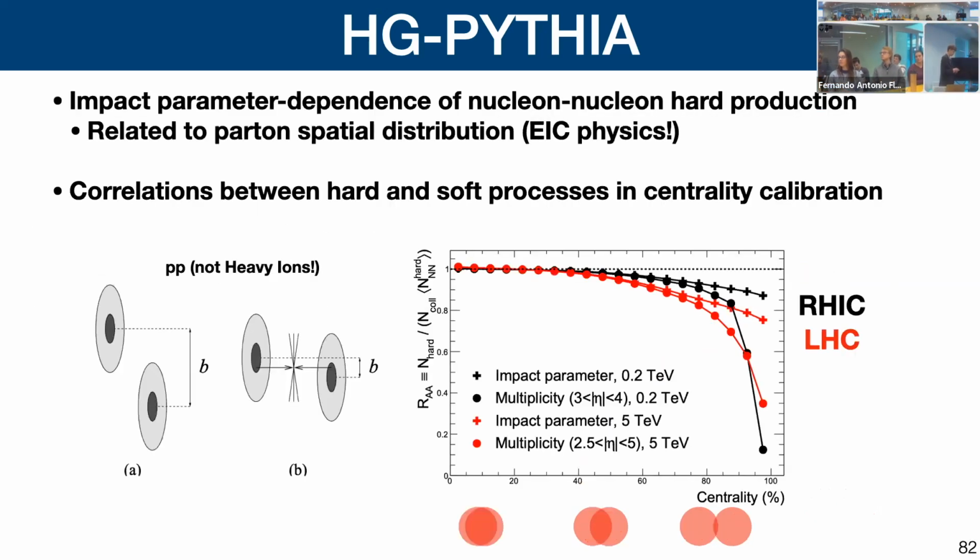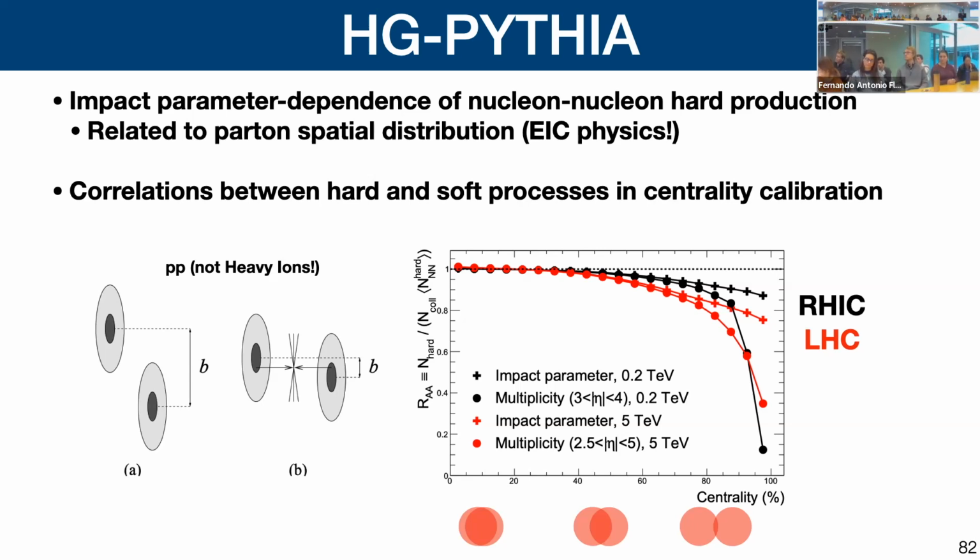What they do inside HG50 is essentially overlay proton-proton collisions on each other based on the Ncoll, which is essentially the number of effective proton-proton collisions a heavy ion collision has. So there's no quenching model at all. They just overlay proton-proton collisions, and then they repeat an experimental procedure similar to what we would do experimentally with the centrality calibration.